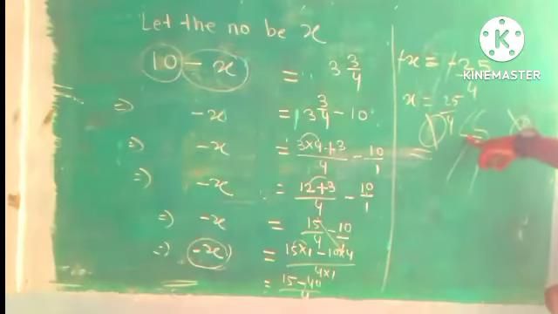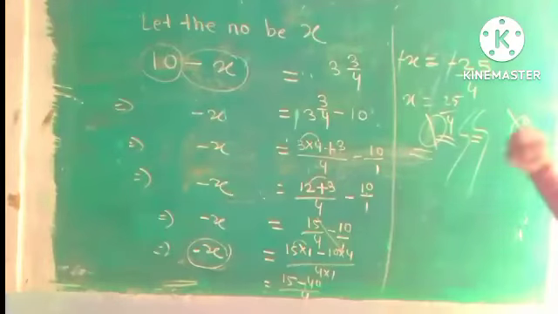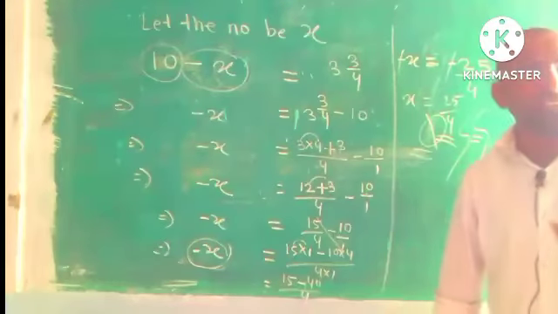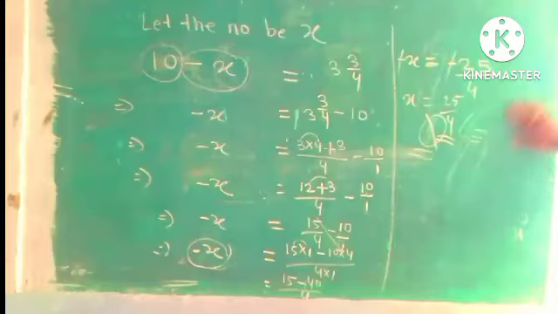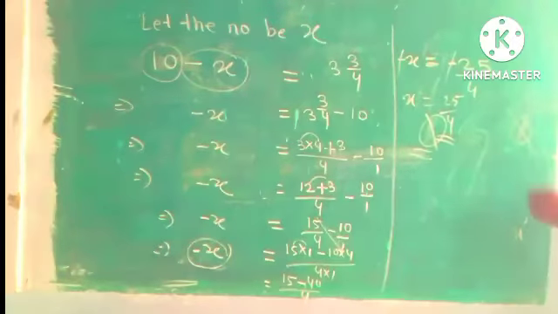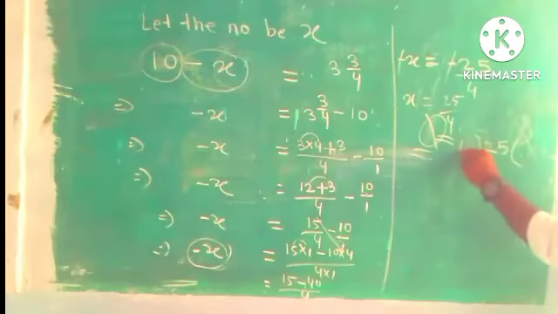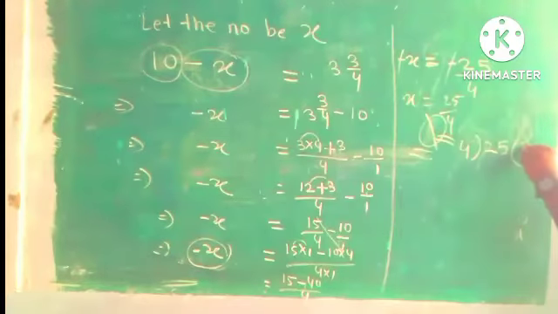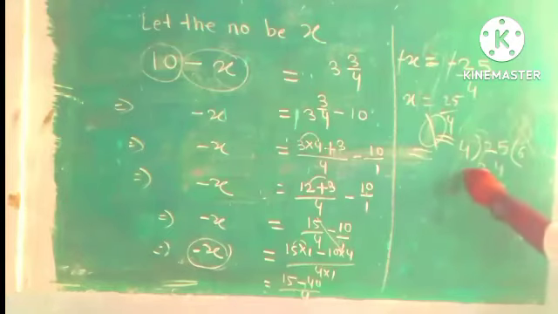This is one answer. But if you want to convert this into a mixed fraction, the method is clear now. How to convert into a mixed fraction? 25 divided by 4: 4 multiplied by how many times? 6 times. What do we get here? 24. Now 25 minus 24? 1.